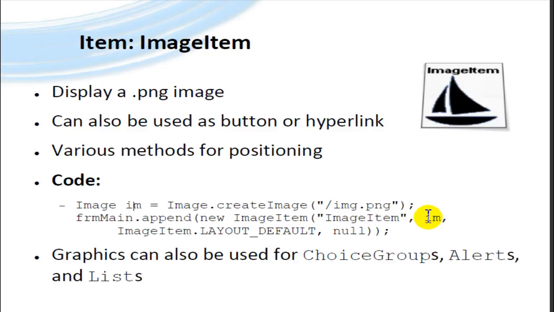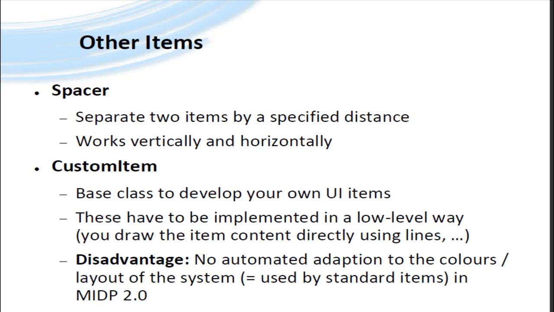Here I have already created the image with the path, and im basically has the path of that image, what I want to display. And then I can have a layout, and so on. This kind of constructor. We will also see these things later on in implementation to understand it.